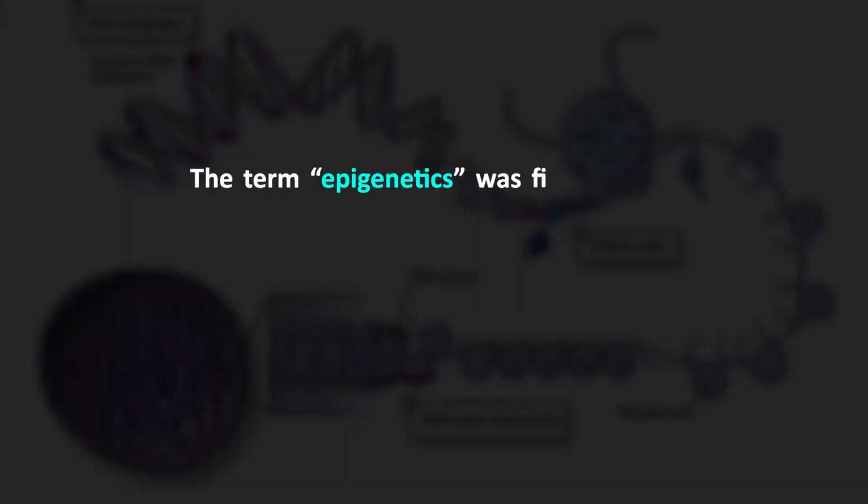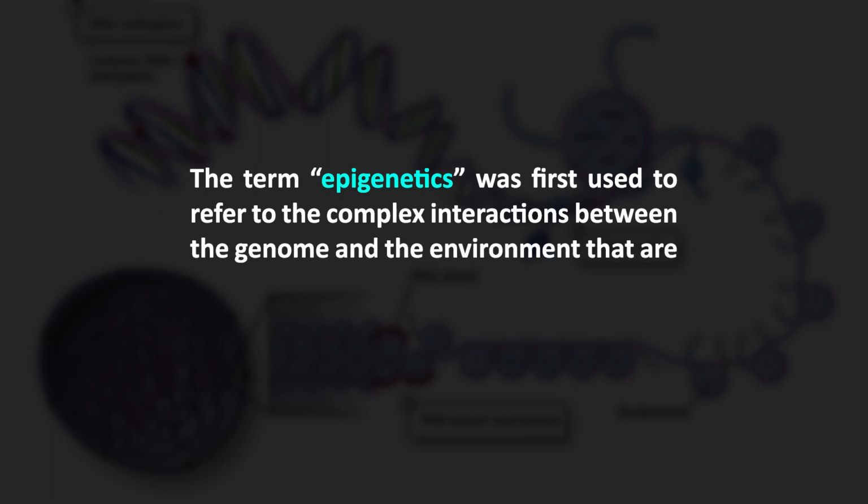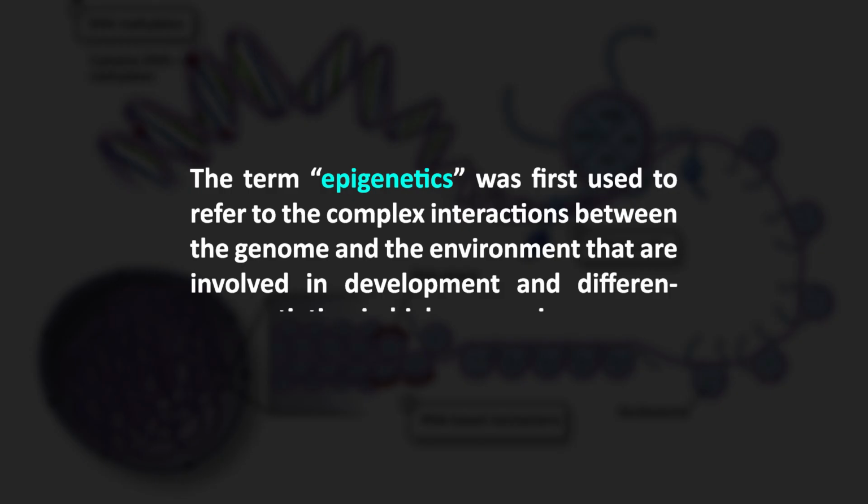Dear students, let's start with the introduction first. The term epigenetics was first used to refer to the complex interactions between the genome and the environment that are involved in development and differentiation in higher organisms like humans.